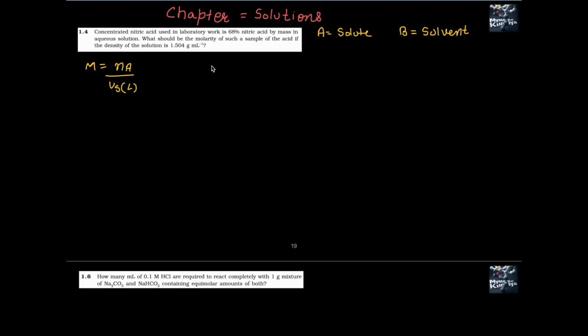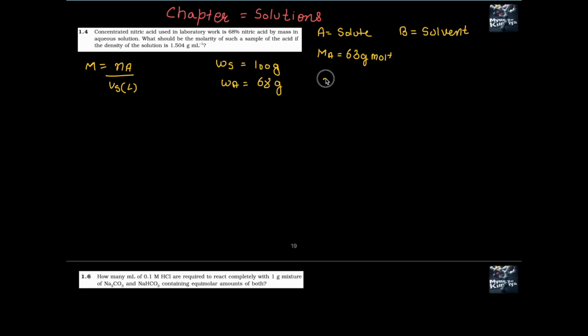It means if the total mass of solution is 100 gram, then the mass of nitric acid is 68 gram. So they have given us the mass of nitric acid, and we know the molar mass of nitric acid, which is 63 gram per mole, right?